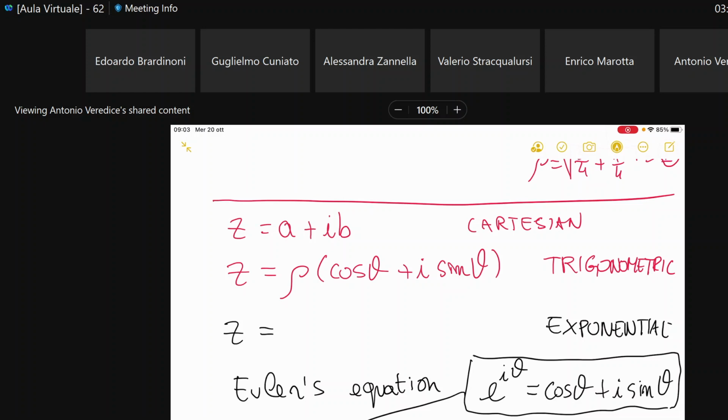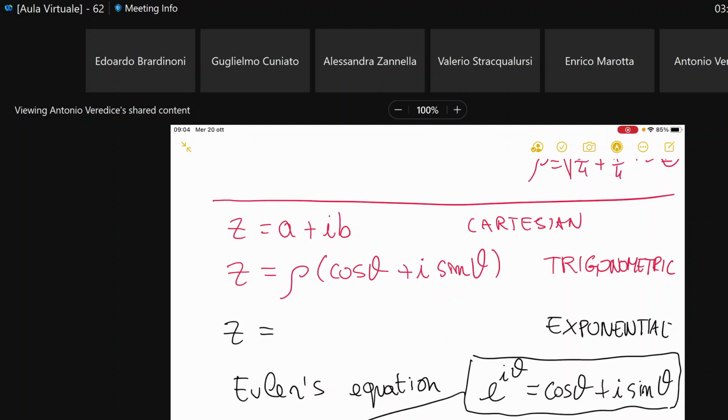Sometimes you find it written bringing -1 on the left side: e to the i pi plus 1 equals 0. This is famous because it involves many numbers of mathematics, 0, 1, e, i, and pi, all in the same relation.